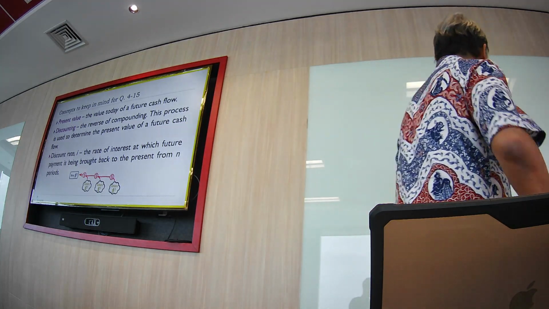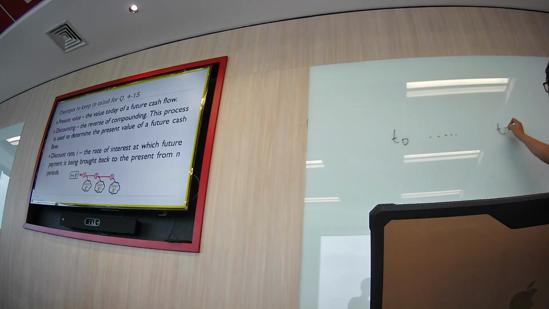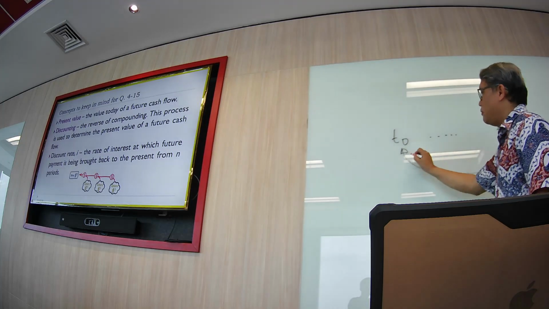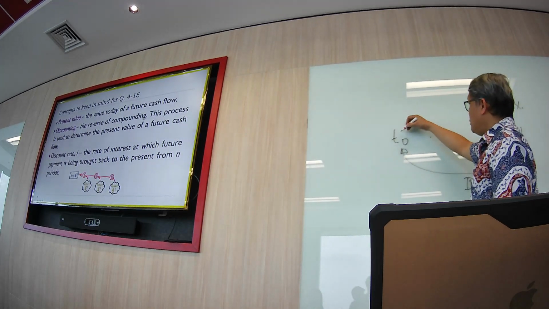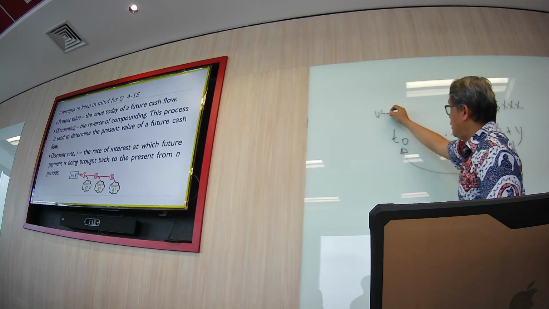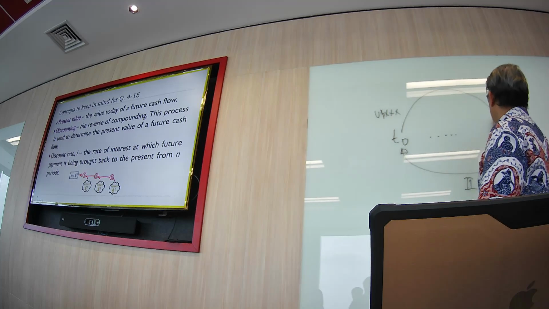So if the first case is T0, and then you have T plus 1. The question is, what is the value at T plus 1 of some US dollar amount now? So this is the second bit, present value. The first one, you find the value of the US dollar amount from T0 up to T plus 1.